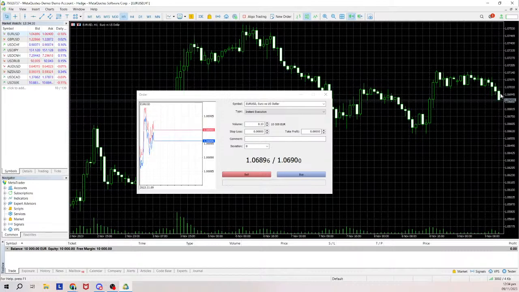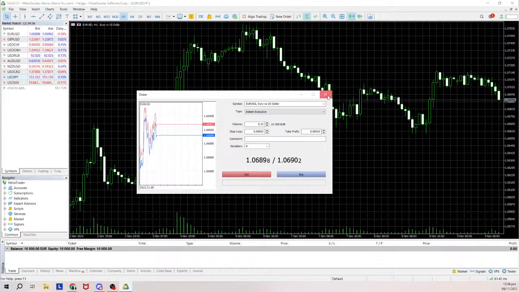If you expect the euro to go up, you can buy the euro. If you expect the euro to go down in value, like it's done today, you can sell the euro. When you sell the euro, you're saying the euro will weaken against the US dollar. When you buy the euro, you're saying that the euro will strengthen against the US dollar.